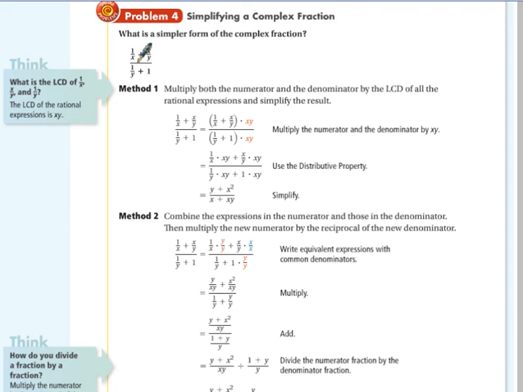So we're going to multiply everything on here, each term, by xy. What we get is y plus x squared over x plus xy. Okay, so that's all we have to do. It kind of cleans itself up.